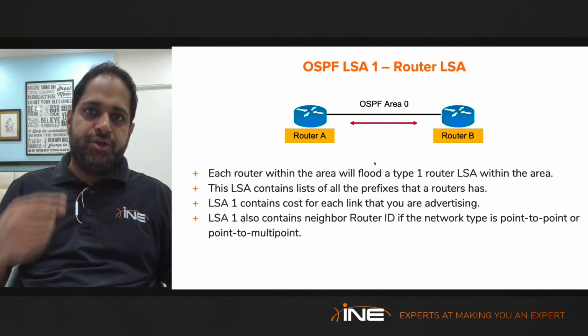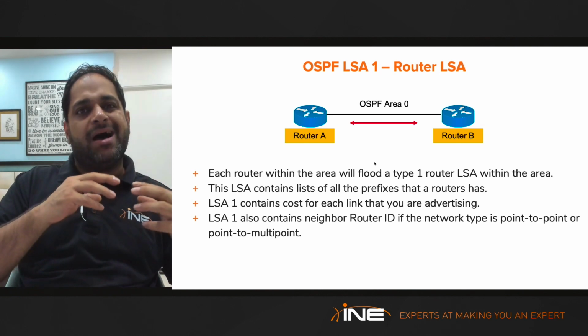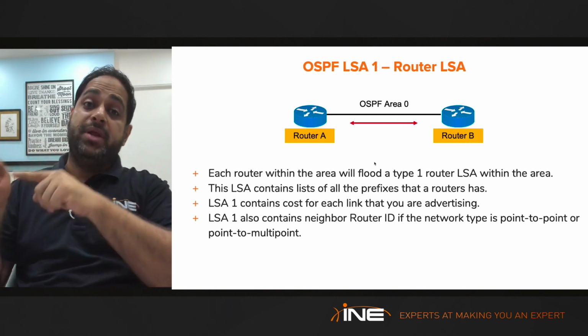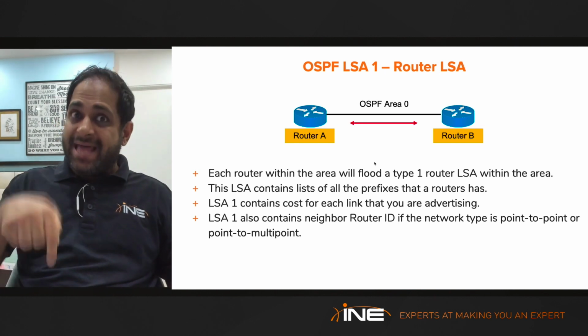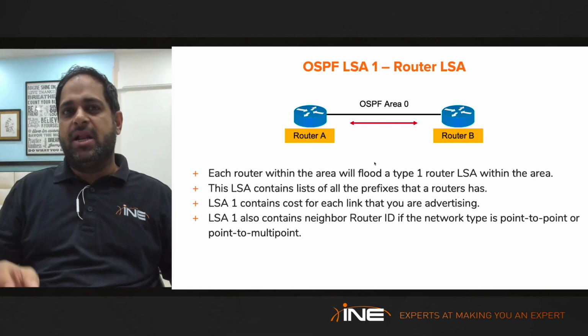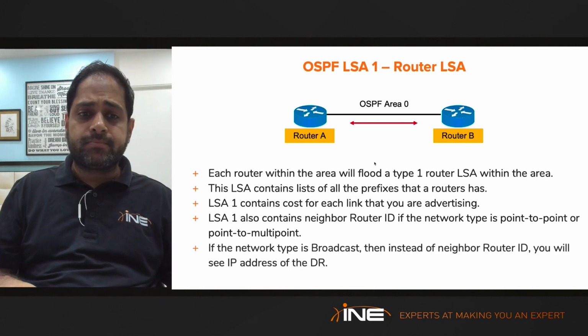So if my connection to you is a broadcast segment, in that case, I don't send the update to you directly. I send the update to a DR, and the DR gives the update to you. So in that kind of an environment, you would see LSA2, which is network LSA.